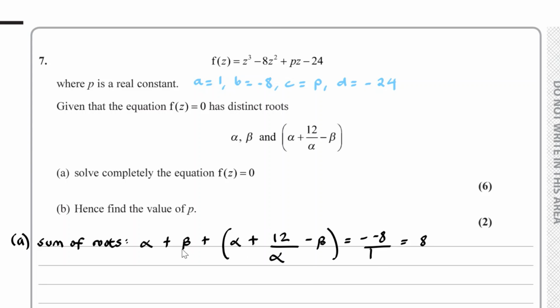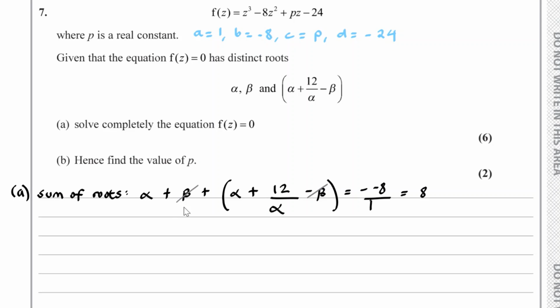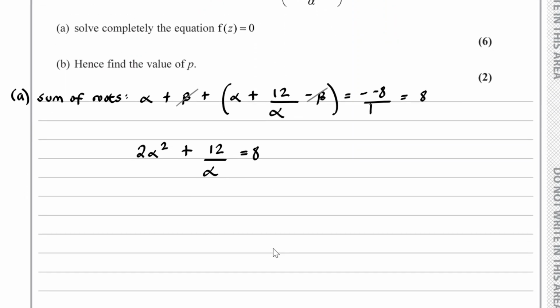And hopefully you can see that the betas cancel out. So we have 2 alpha plus 12 over alpha equals 8. We can form a quadratic in alpha for this.